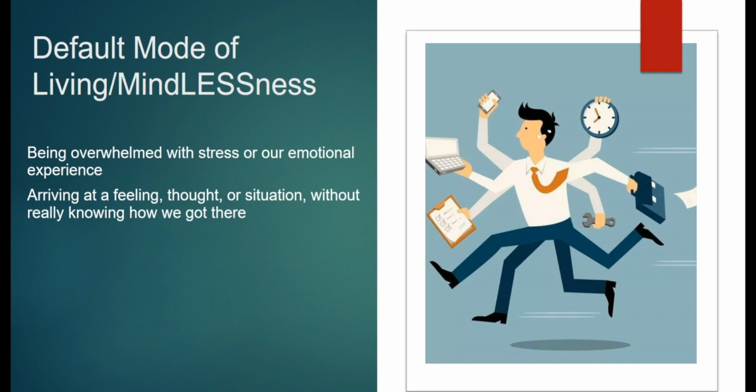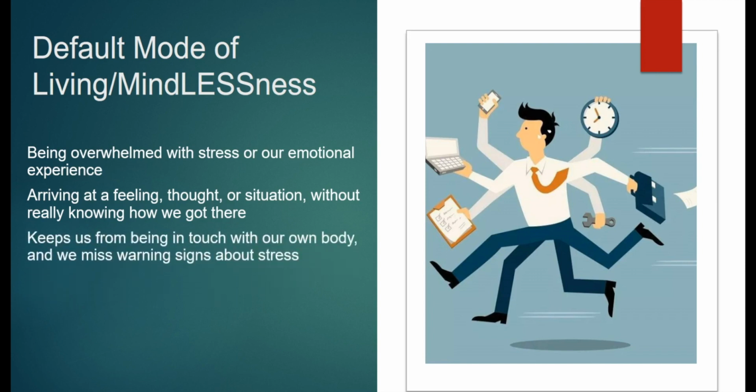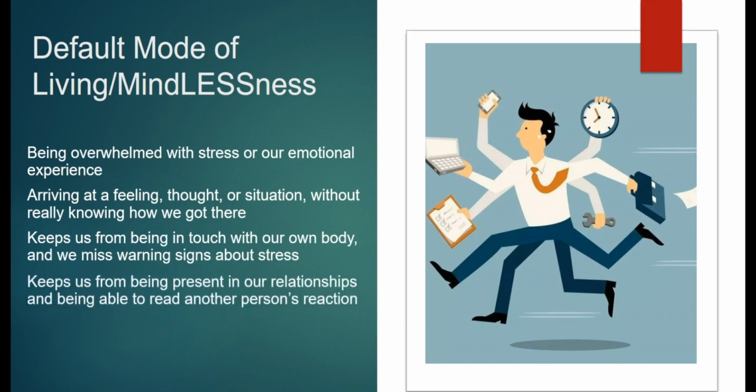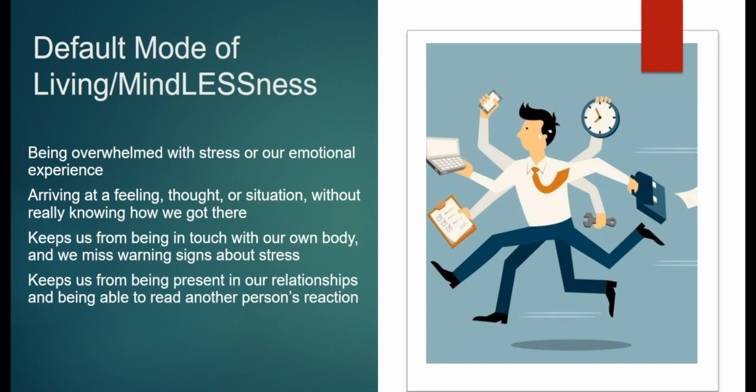It keeps us from being in touch with our own body, and we miss warning signs about stress. It also keeps us from being present in our relationships and being able to read another person's reactions. Although there is an evolutionary benefit of having the default mode of living, it can cause harm to our well-being right now. One way to change it is to practice mindfulness.